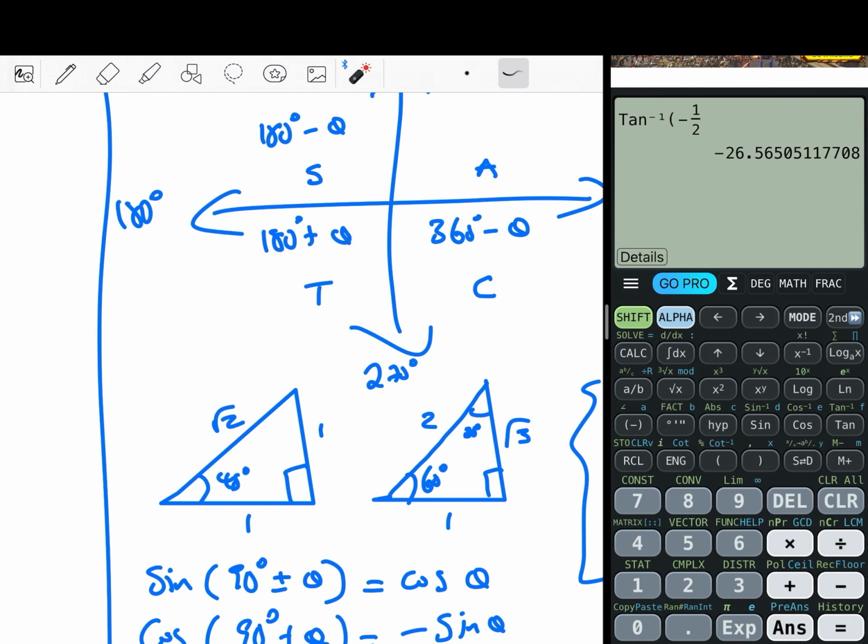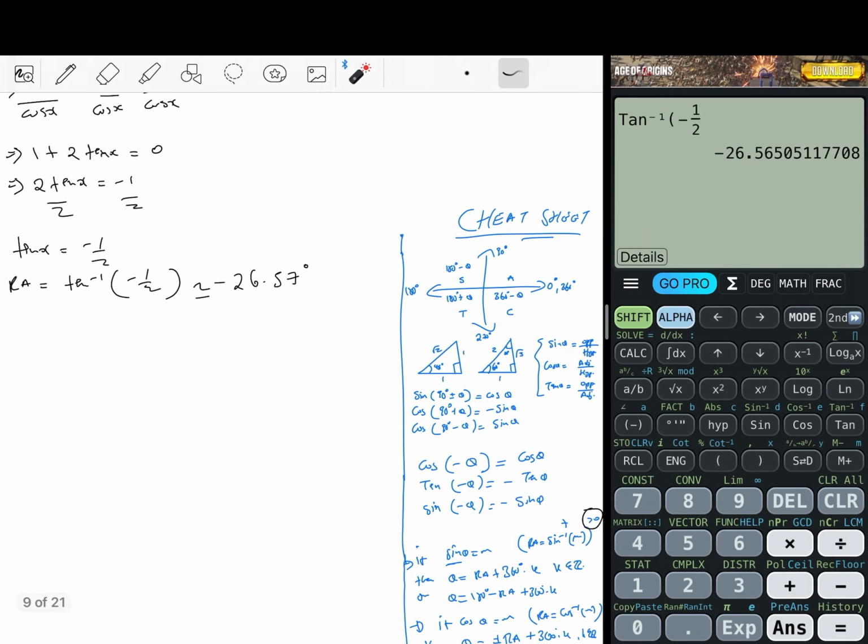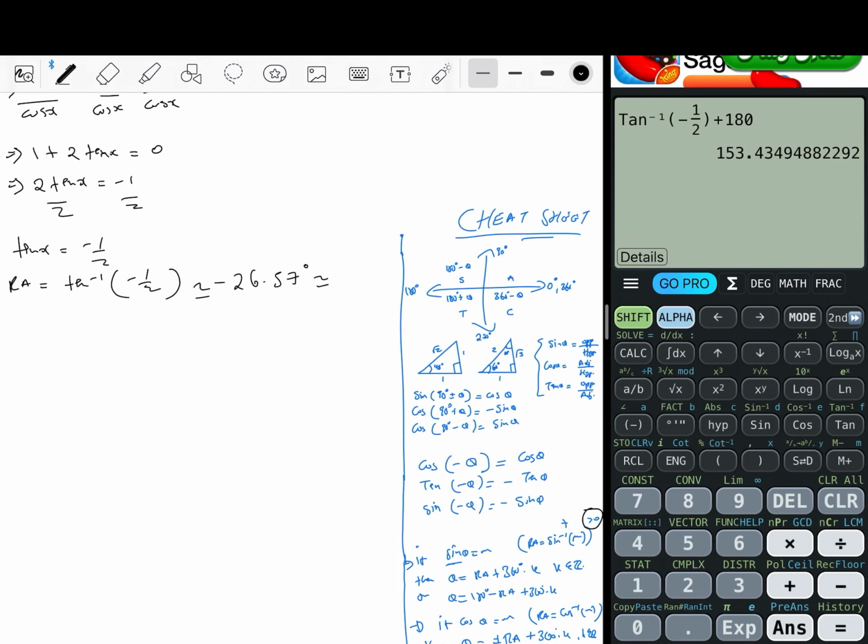So that's what you're going to be doing. Because tan is positive in the third quadrant, and you want to make this whole thing positive, you just say 180 plus this reference angle, and you get 153.43. So negative 26.57 degrees is equal to 153.43.